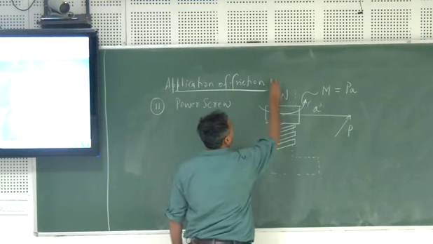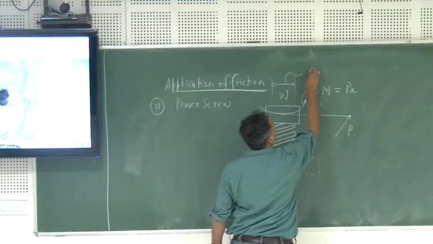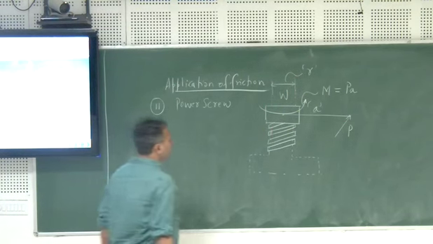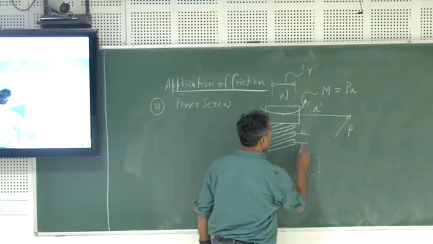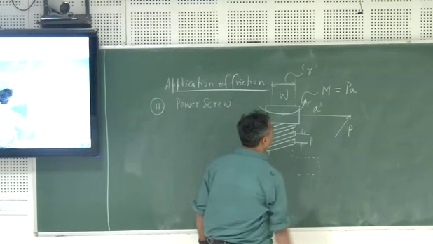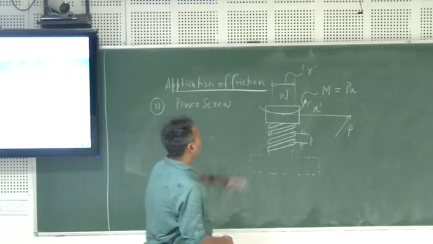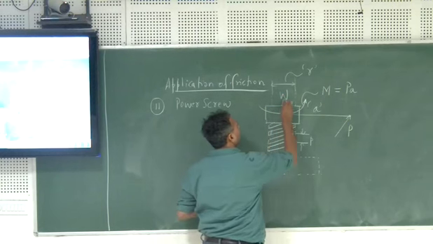And let us assume the radius of this particular screw is r, and the pitch of this thread is p. Now we have to find out the relationship of the moment that is being applied to raise the load W, which is acting.